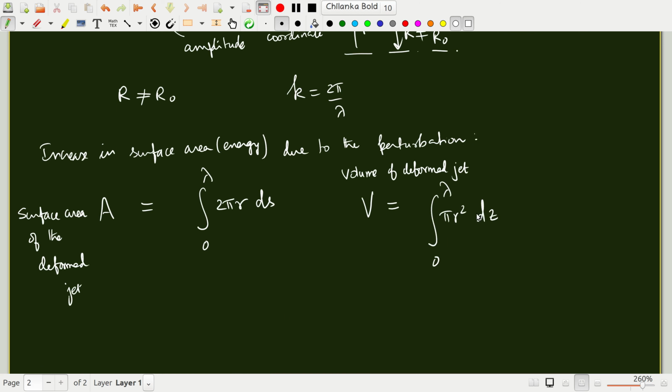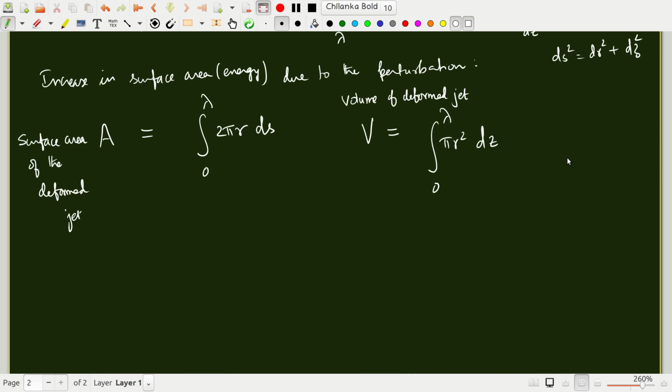Okay, now from elementary geometry, if I have a sinusoidal perturbation, this is dz, this is dr, then this is ds, along the arc, so ds squared is dr squared plus dz squared. Okay, so this is something that we know.